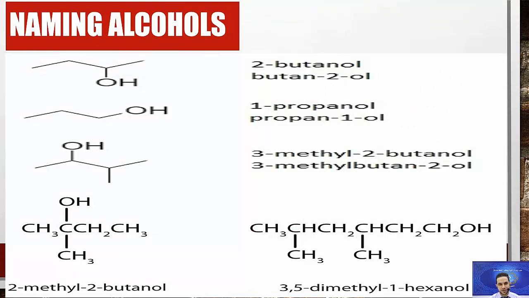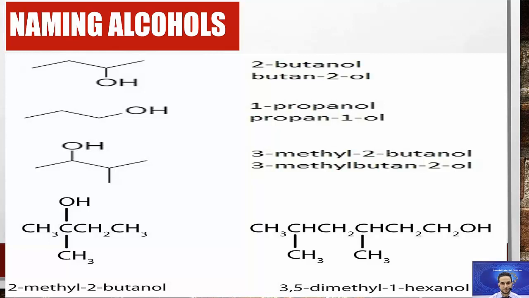Later we will talk about alcohols, aldehydes, and ketones. Naming of aldehydes, ketones, and carboxylic acids will be explained in the videos on aldehydes, ketones, and carboxylic acids. So now we will finish naming of alcohols.